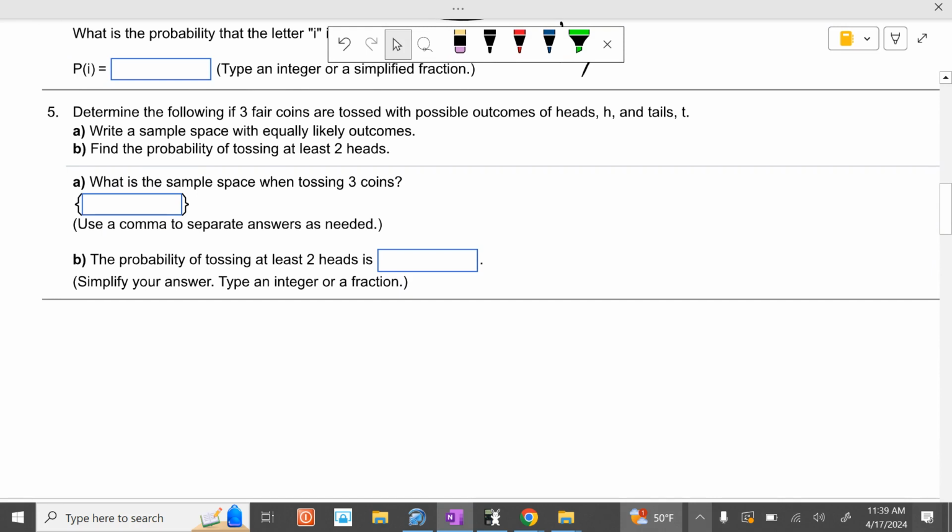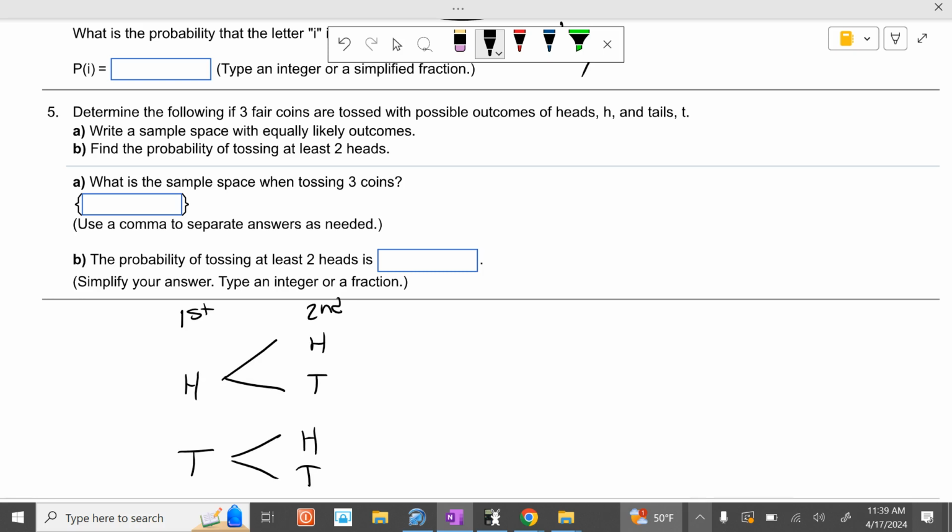So you're going to toss a coin 3 times. What's the sample space? Here's what a sample space is. And now this gets a little complicated. On the first coin that you toss, it's either heads or tails. On the second coin you toss, it's either heads or tails, right?